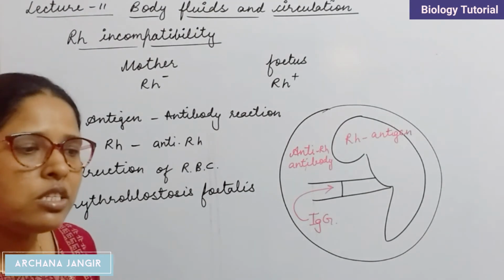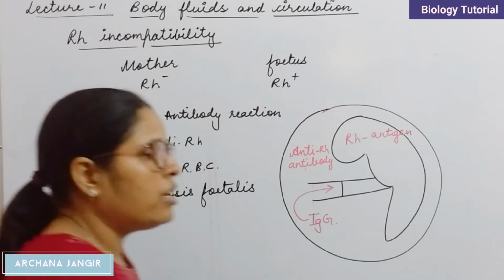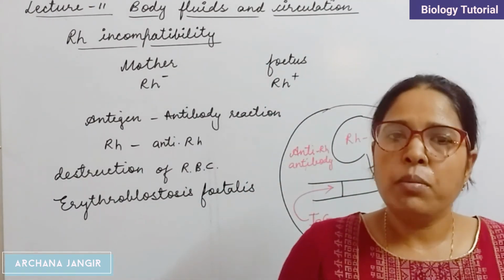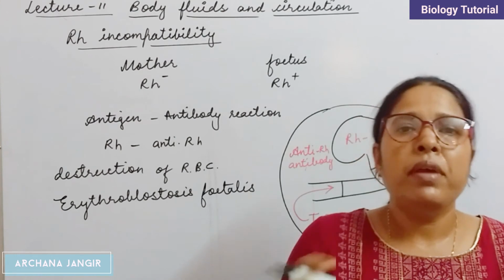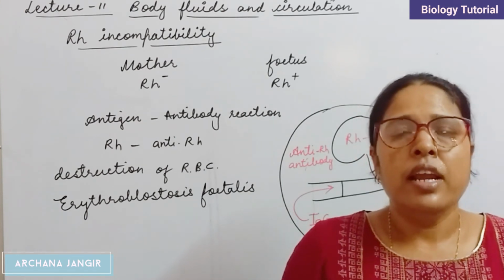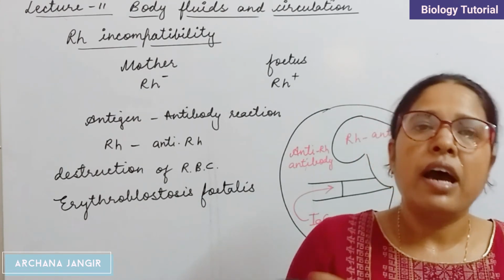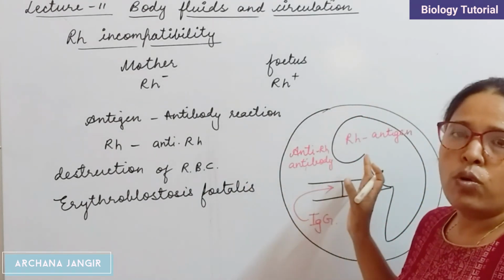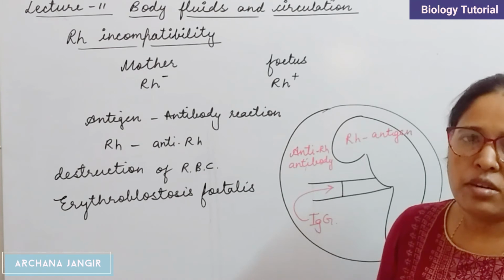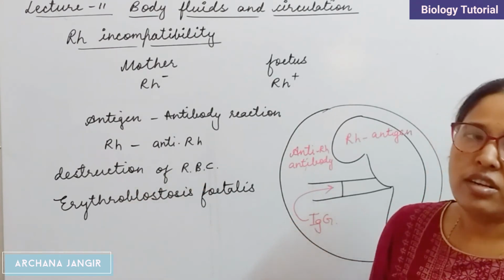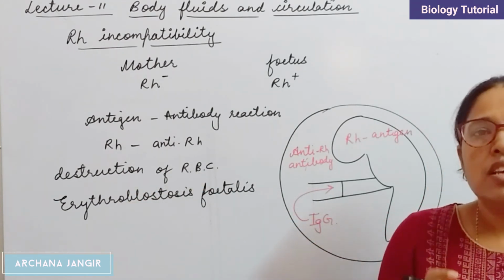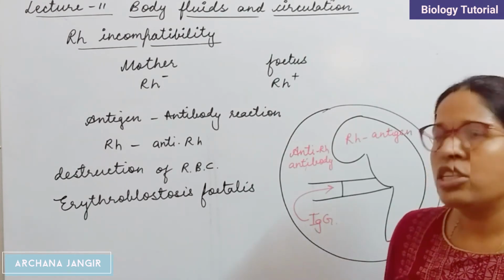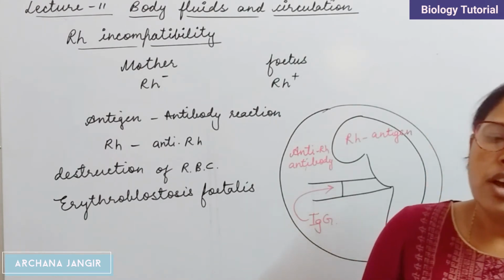Due to this disease, the fetus is going to die in the womb of the mother. It may be a premature delivery or it may die after the delivery, because no RBCs are present, as RBCs are getting destroyed. So this fetus has severe anemia, and the situation is called erythroblastosis fetalis.